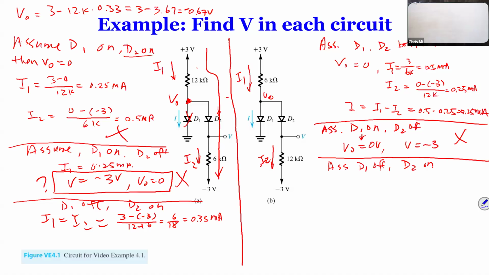D2 on. If we assume D1 off, D2 on, this is a little bit more complicated because now we know that D1 is off, right? So we need to calculate current I1 equals I2 equals, again, 3 minus -3 divided by 6 plus 12. It's 6 divided by 18, which gives you 0.33 milliamps.